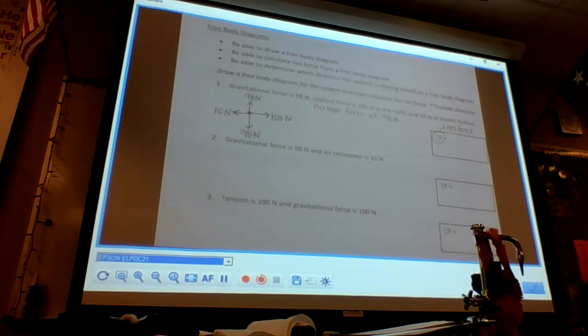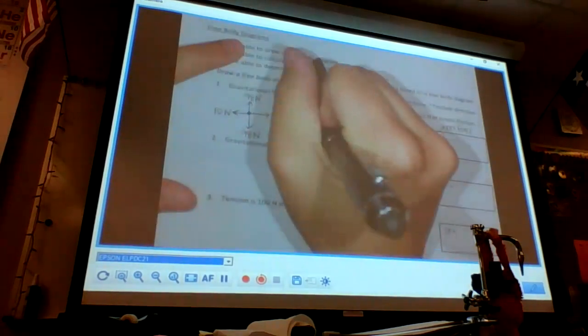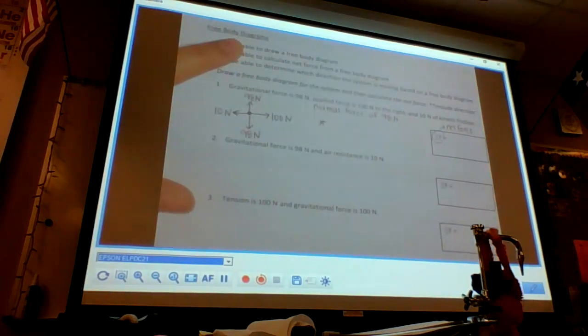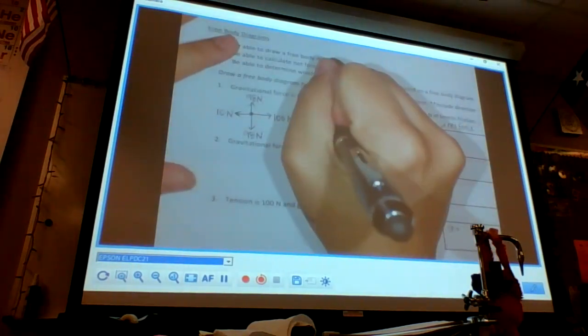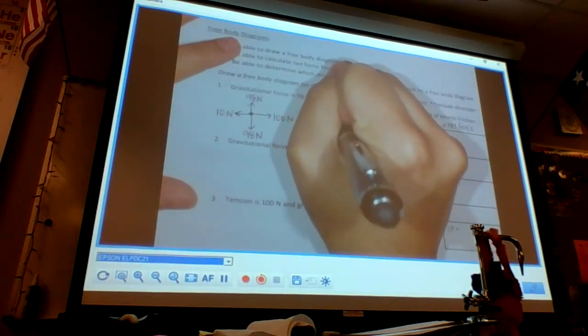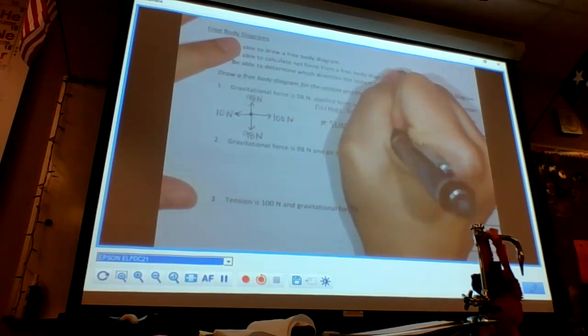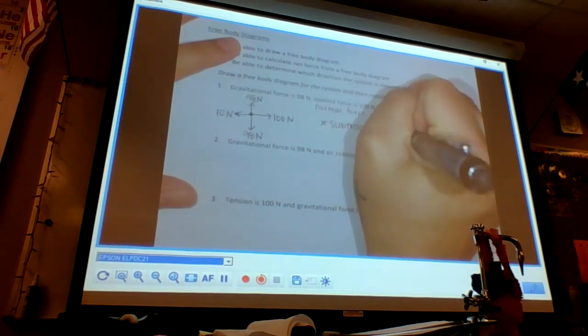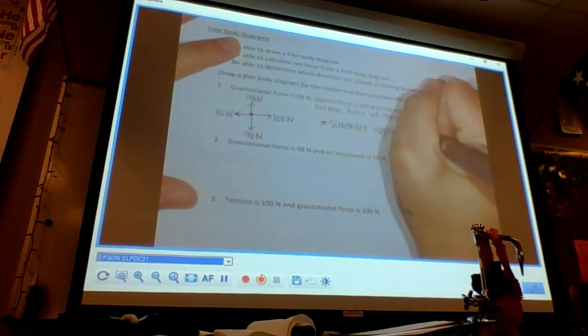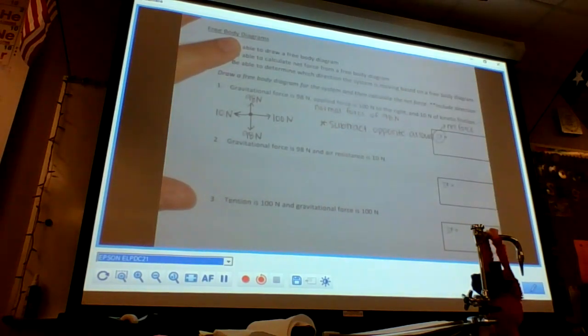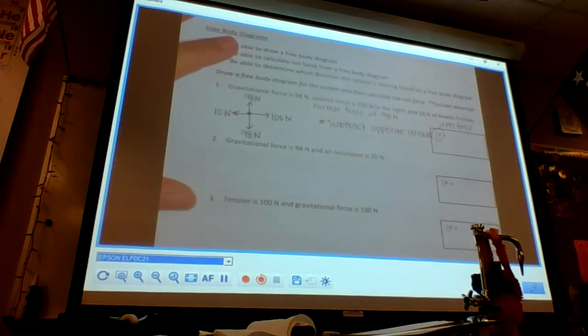Alright, so there's my free body diagram. Let's make a note on how to calculate net force. I'm going to put a star right here as a note. You're going to subtract opposite arrows. Subtract opposite arrows.